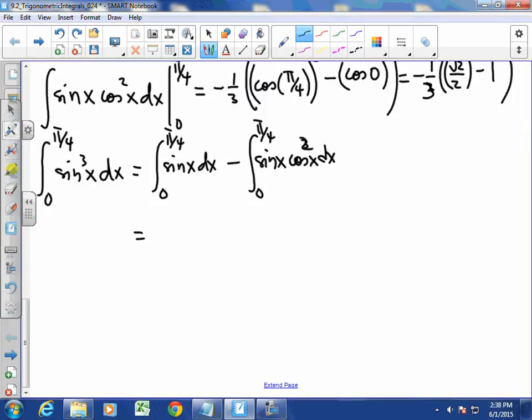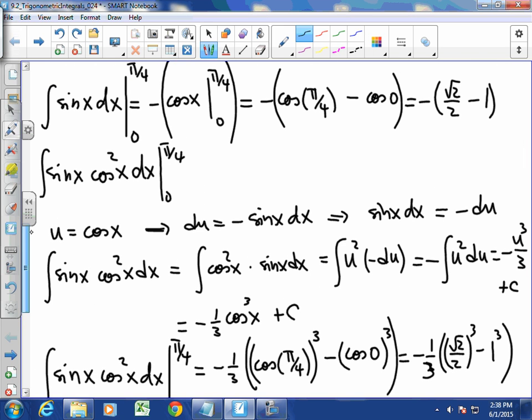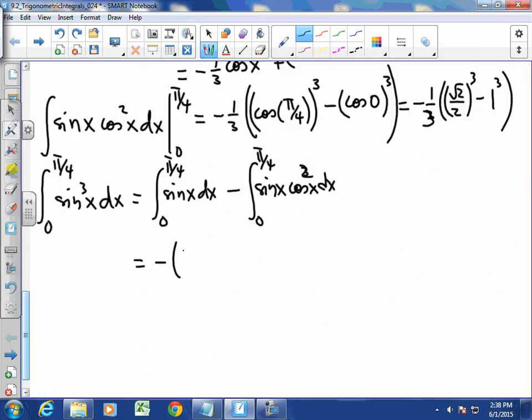We found negative root 2 over 2 minus 1, minus negative 1 over 3 times root 2 over 2 cubed minus 1 cubed.